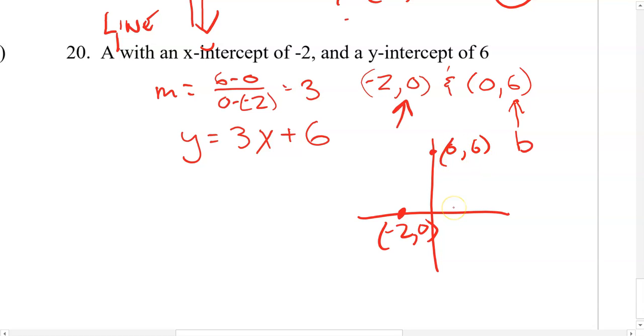So I can write both of those points, x1, y1, x2, y2, and plug them into my slope equation. 6 minus 0 on top, 0 minus -2 on the bottom, so 6 divided by 2 is 3, my slope. And I was given my y-intercept value b of 6.